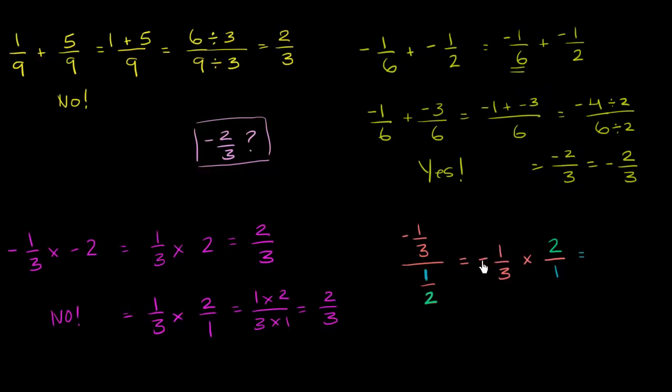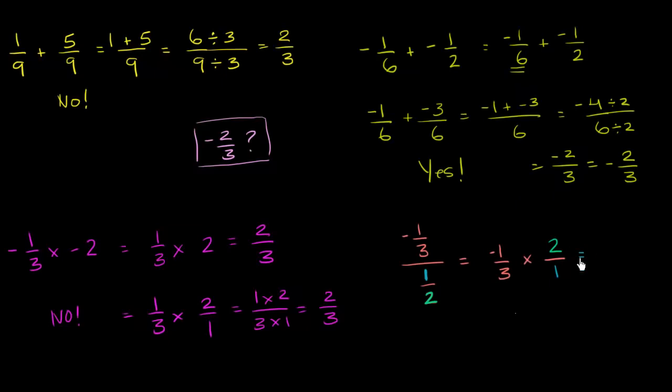Well, instead of just viewing this as negative 1/3, we could view this as negative 1 divided by 3. That might help us keep track of the signs a little bit more. So let me write this as negative 1 divided by 3.